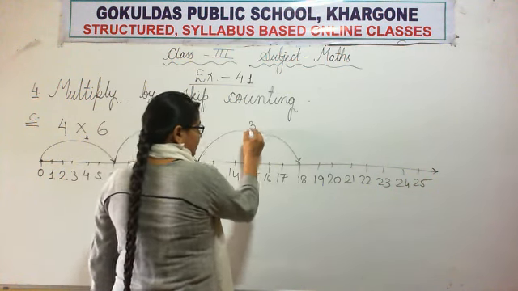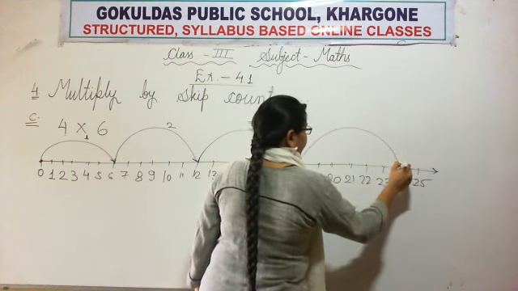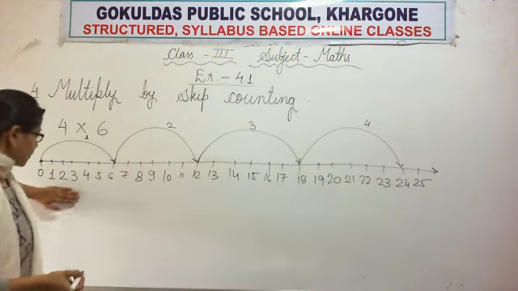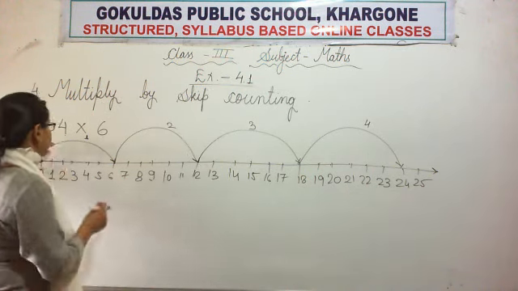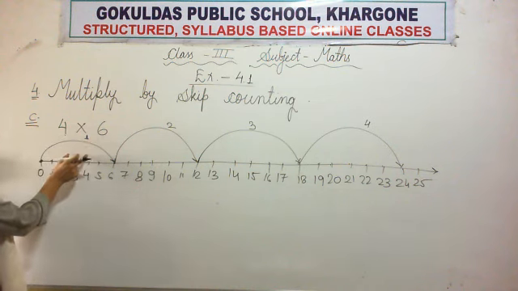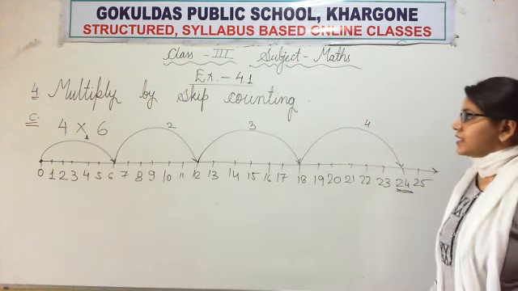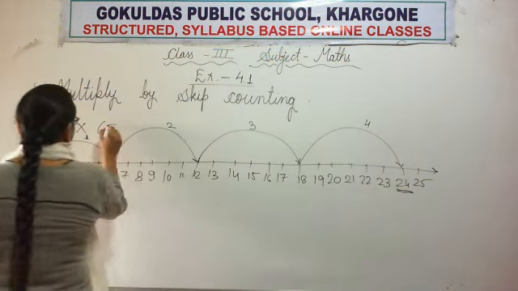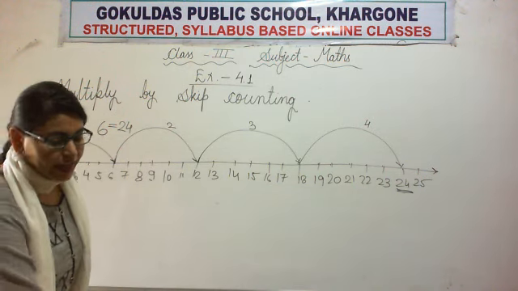Third time. 1, 2, 3, 4, 5, 6. Fourth time. So we skipped 6 one time, for second time, for third time and for fourth time. It means we skipped 6, four times. And we stopped here at 24. It means 24 is our answer. So 4 into 6 is equal to 24.